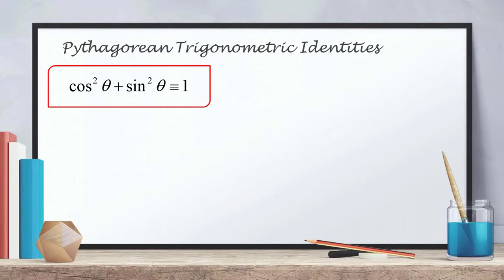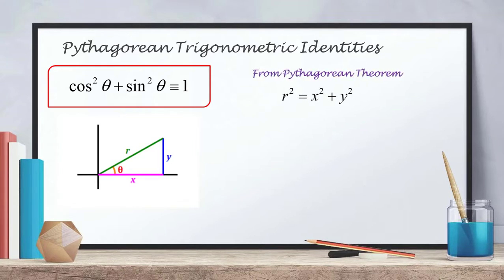Why do we call it a Pythagorean identity? Because we derive this identity from a right-angled triangle by applying the Pythagoras theorem.